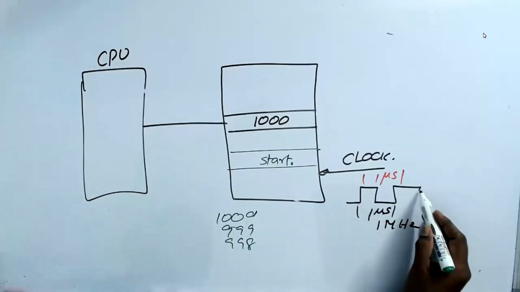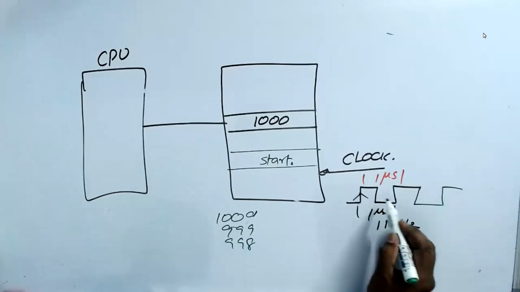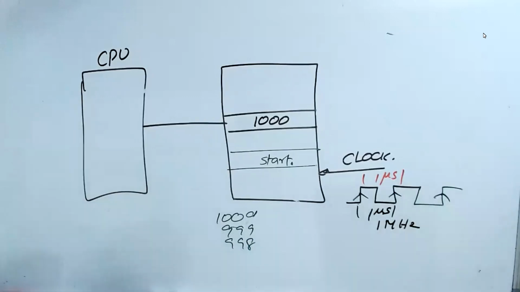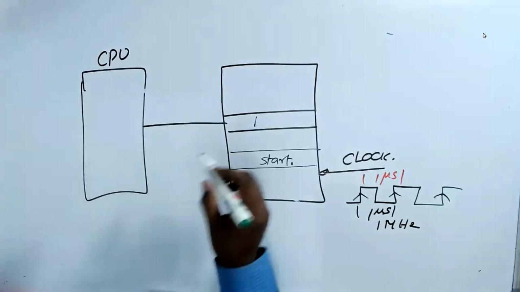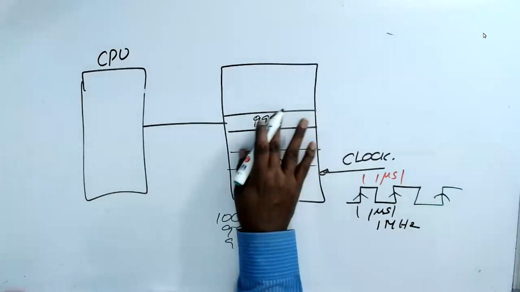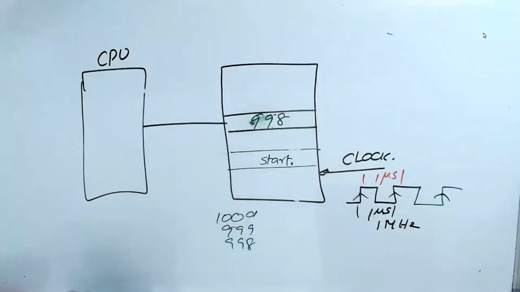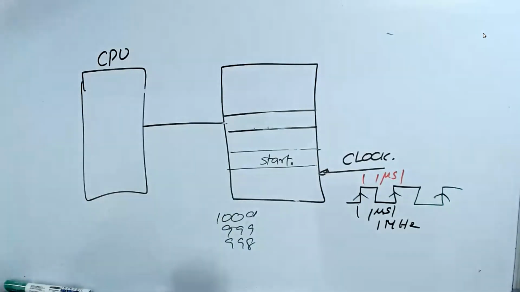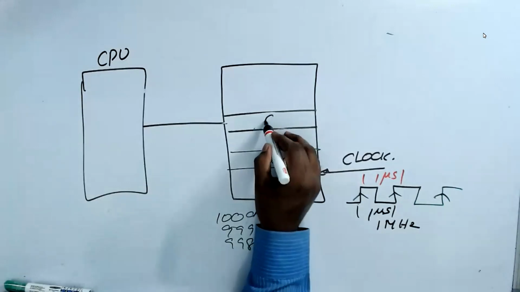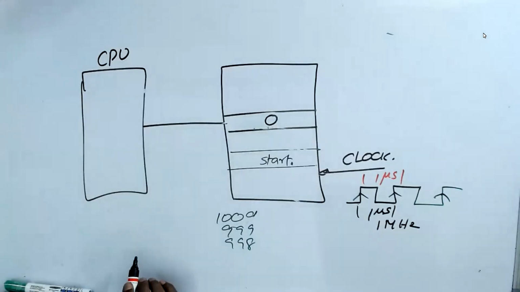Whenever the clock comes, on every rising edge, it is decremented to 999, 998, like that. Understand? The moment this value becomes 0, the timer will stop.